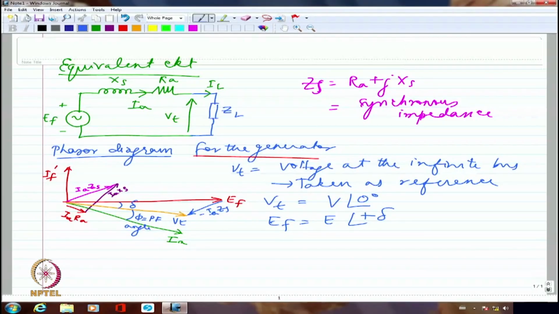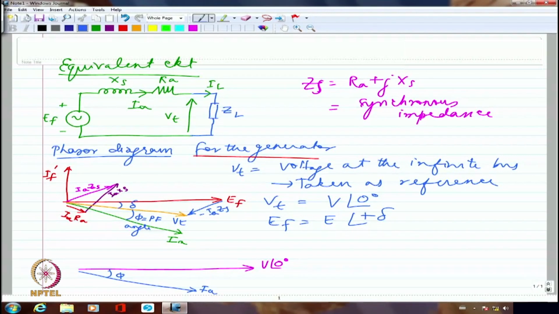On the other hand, if I try to draw a similar thing for the motor, I am going to have, again, let me draw, maybe this is my V angle 0. If I have V angle 0 like this, maybe the current drawn by the armature is going to be somewhere here, which is IA, and this is going to be my power factor angle phi.